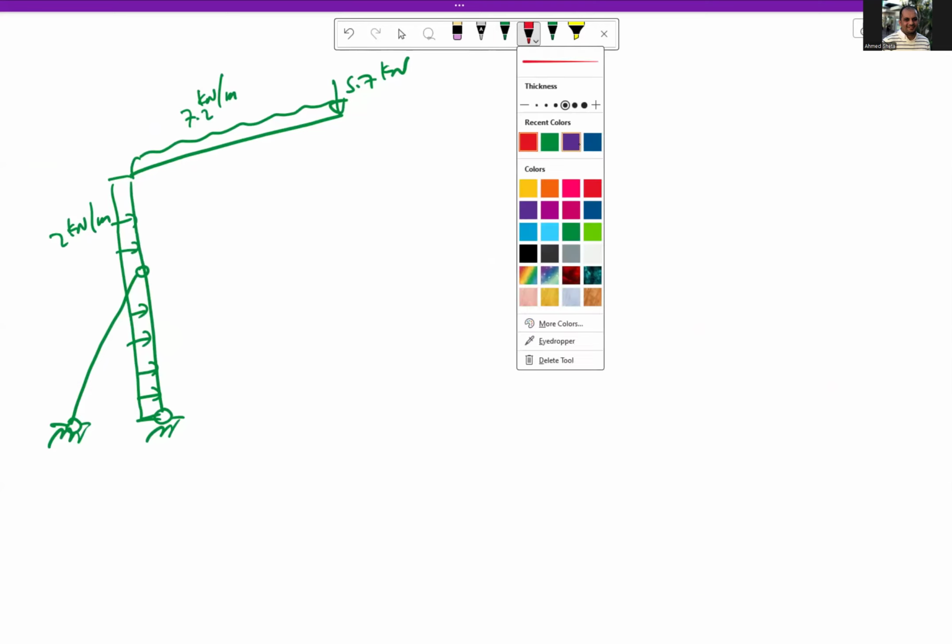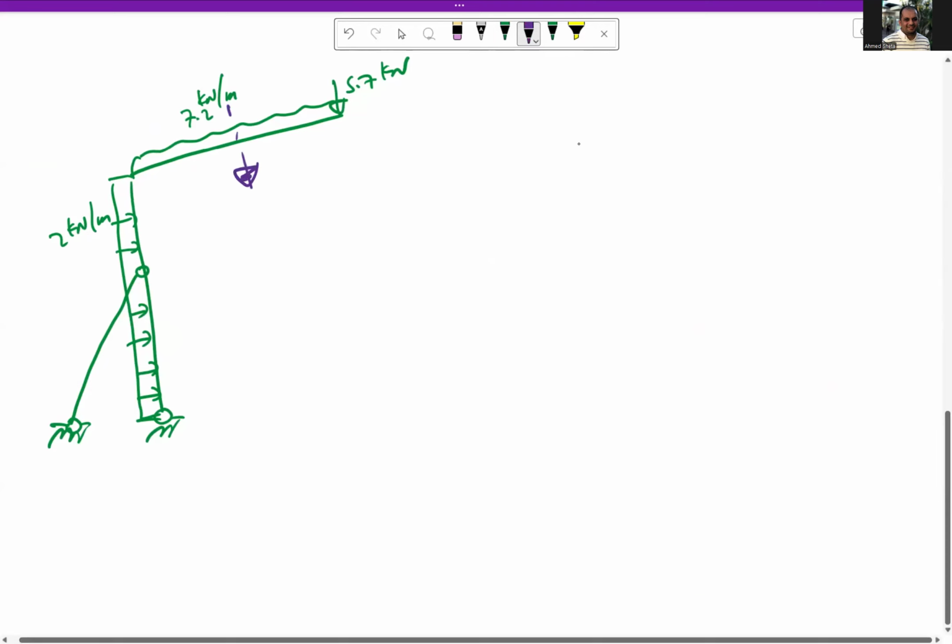And we have distributed this load as 28.8 kilonewton. This one here as 4 kilonewton, 8 kilonewton. We have replaced this tie with these two forces.